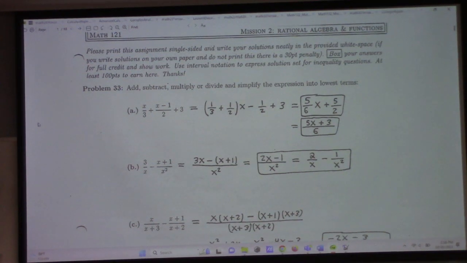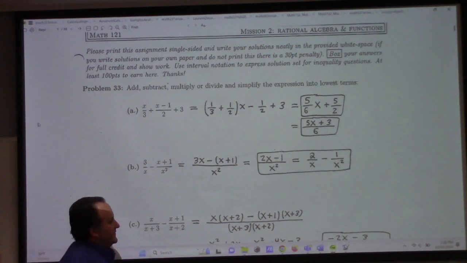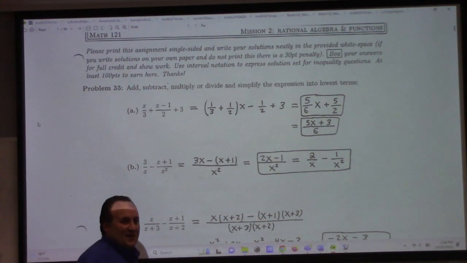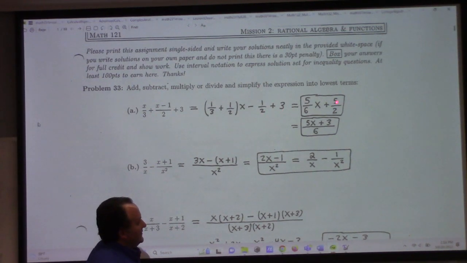Actually, let me just warn you, I probably don't have time to fix this today, and I'll probably just forget to fix it, honestly. Going from here to here, that's not correct. What's boxed up here is fine. That's not a wrong answer, because 3 minus a half is 6 halves minus 1 half, which is 5 halves, right?